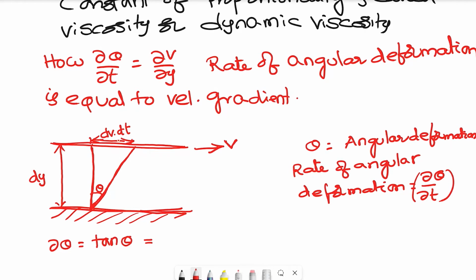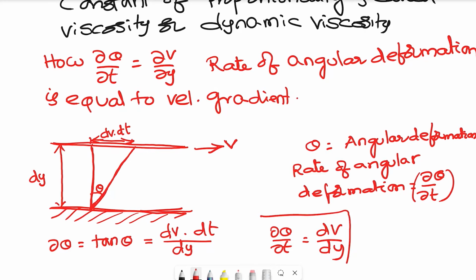So what is tan θ? It is dv into dt divided by dy. So ∂θ/∂t is nothing but dv/dy.